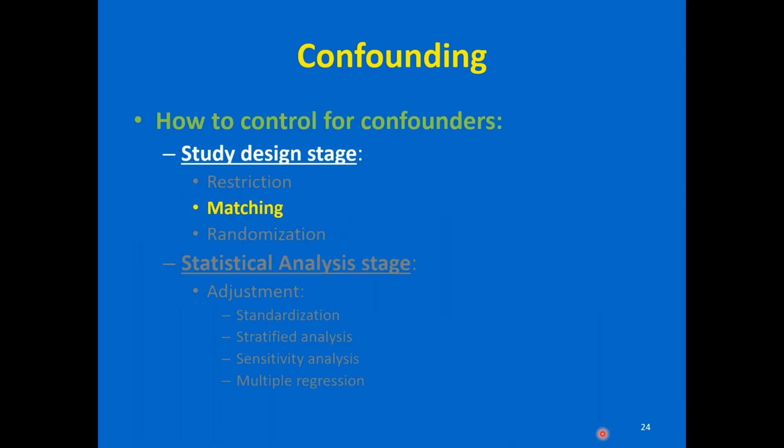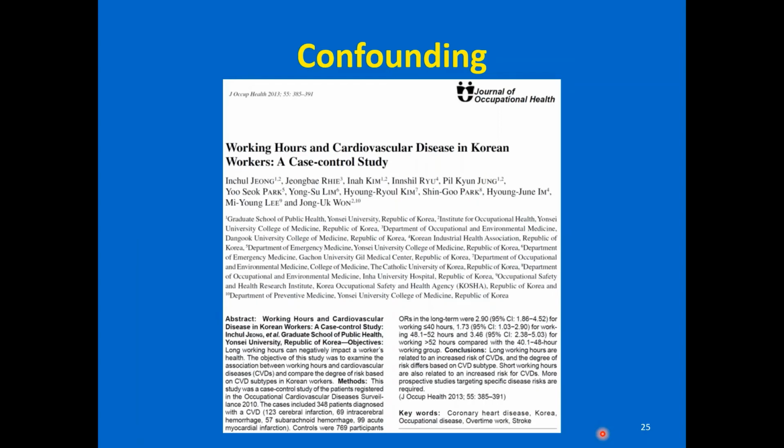What about in the study design stage, how about matching? Here in this paper that was published in 2000 in Occupational Health, a case control study looked at working hours and cardiovascular disease in Korean workers. And what they did is they matched the cases and controls using several key variables.